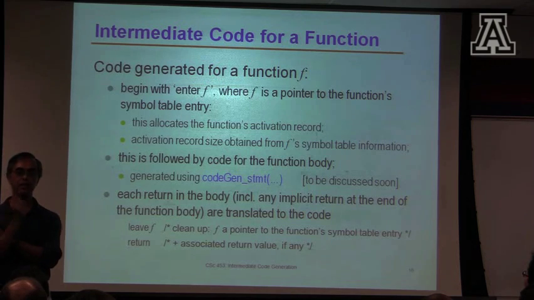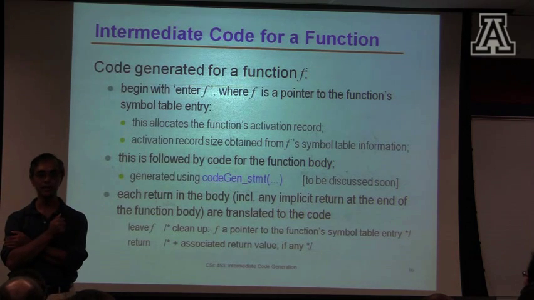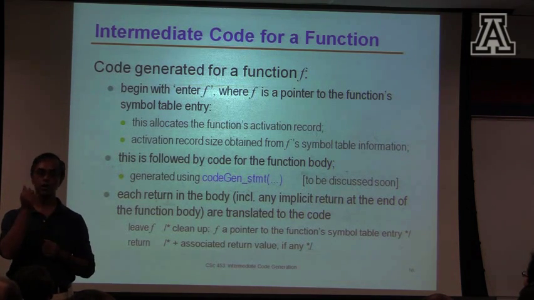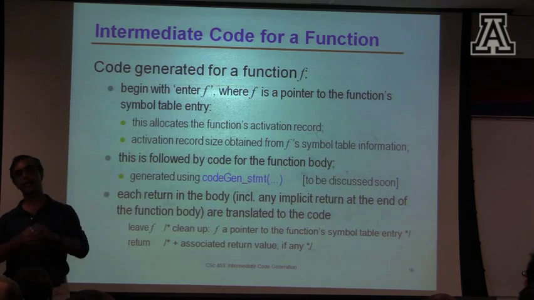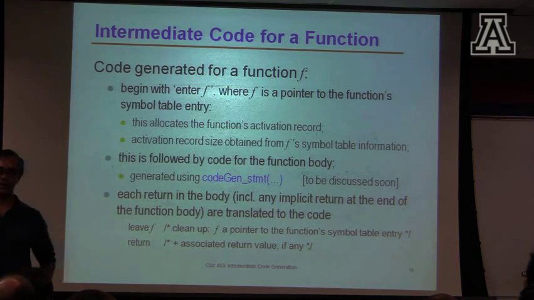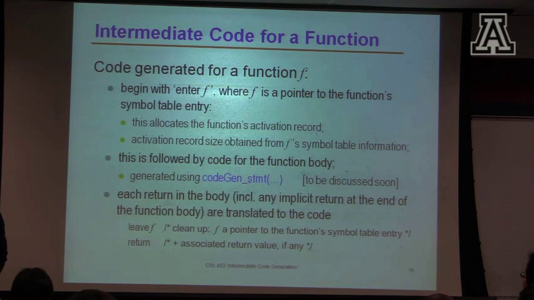I have created all the temps that I'm going to need. So I can traverse the local symbol table, the function's local symbol table, and I can just calculate how much space I need, because I know how big each symbol table entry is going to be. How do I know that? How do I know how big a symbol table entry needs to be?